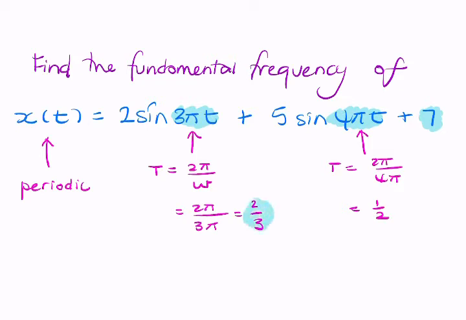So we've got these two periods, 2/3 and 1/2, and we need to first check if the ratio T1 to T2 is a rational number. Can we express T1 over T2 as a ratio of integers?